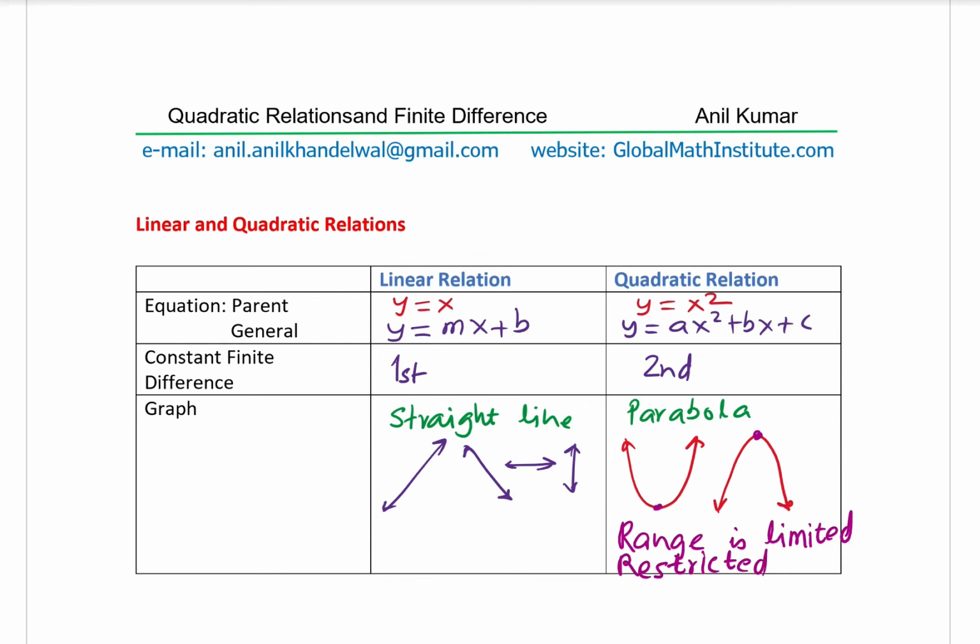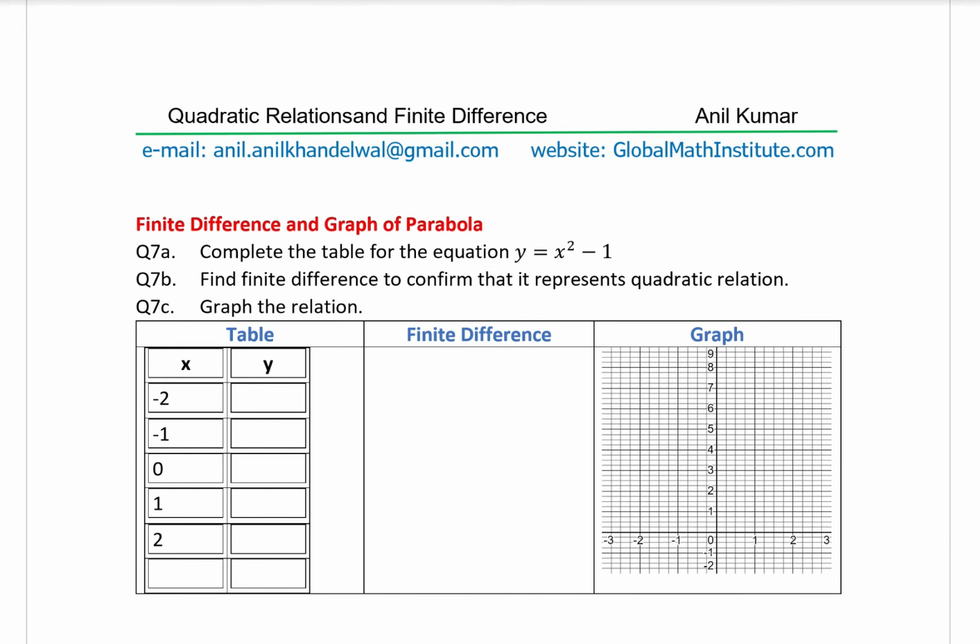For a line, all real numbers, for domain and range. Perfect. So these are a few important things which we have considered so far. Now, let's move further and pick up a few other things.